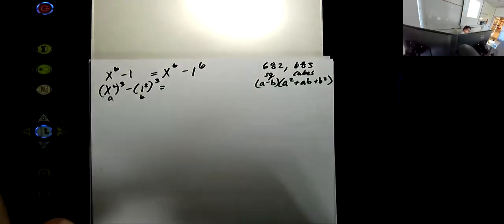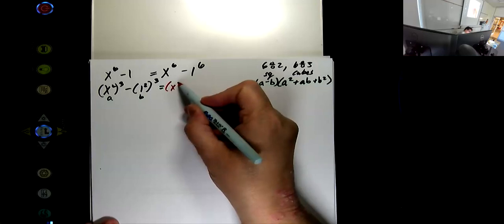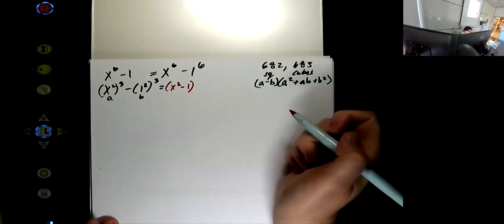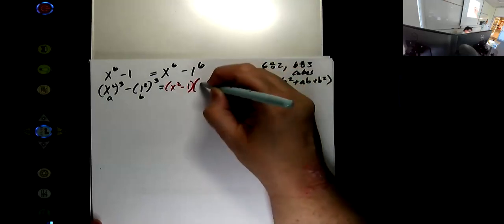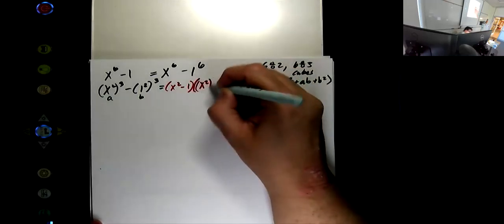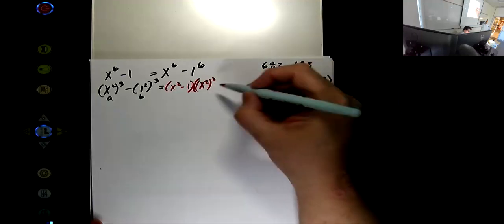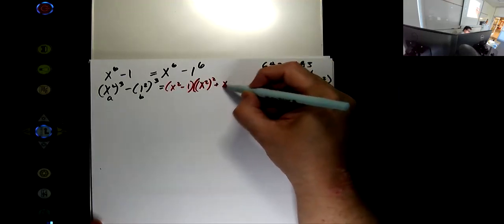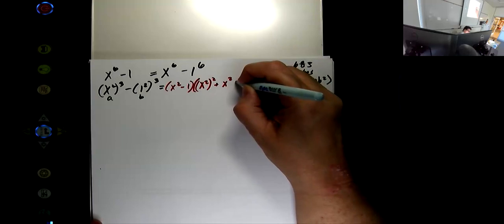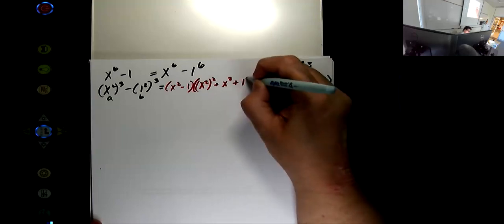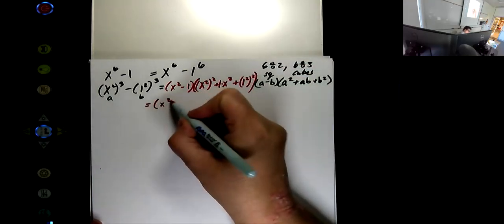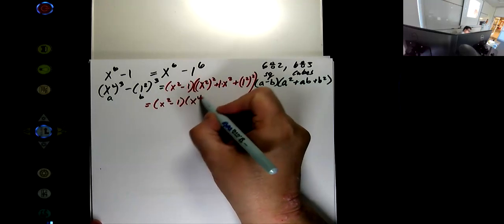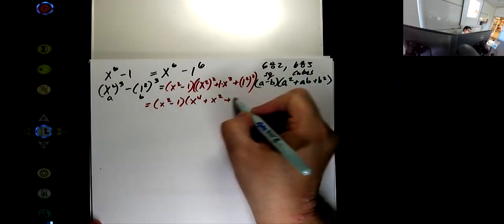So I have x squared minus 1, that's a minus b, and then x squared squared plus x squared plus 1 squared squared. If I clean it up a little bit, we have x to the 4th plus x squared plus 1.